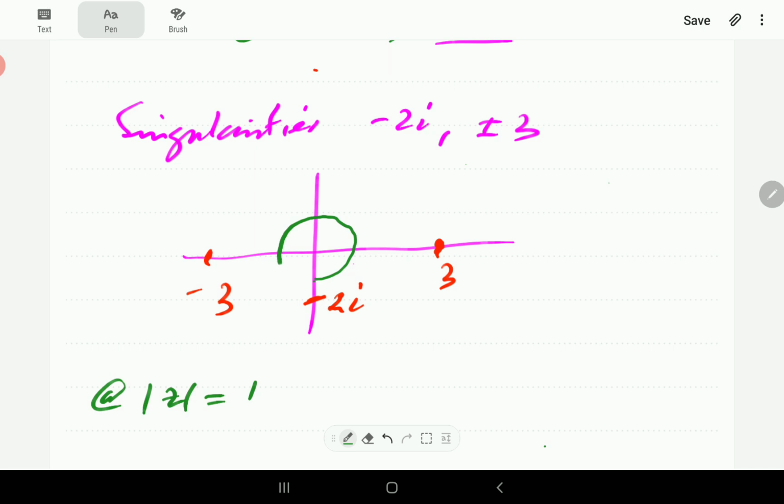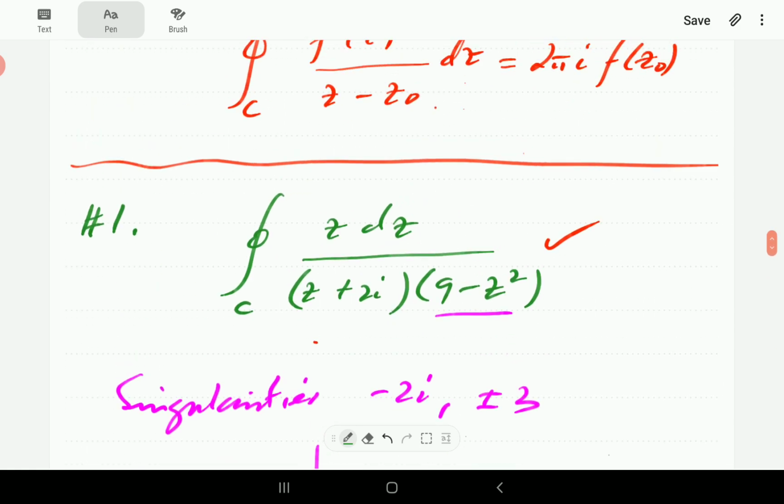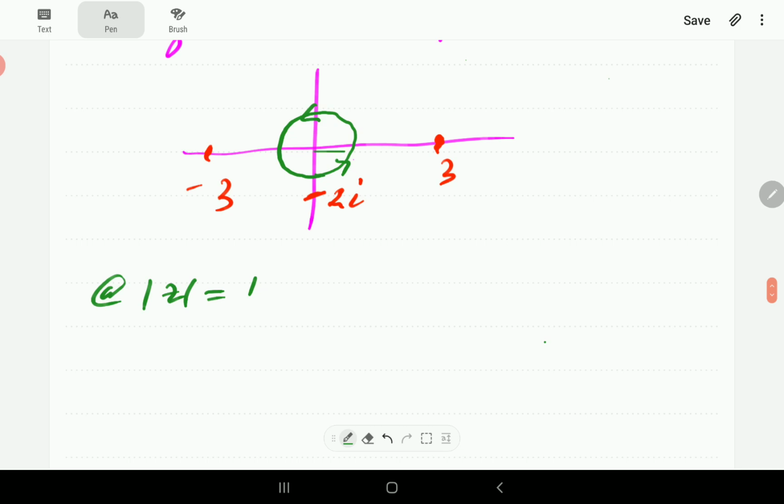So that circle is going to go something like this. Now, you can see that none of our singularities lie on or inside that contour. So that means this integrand is analytic everywhere inside and on that contour.